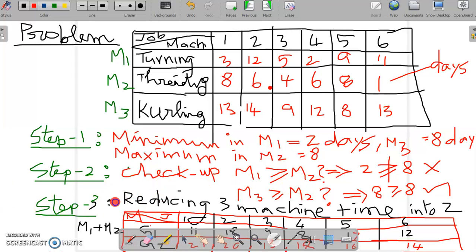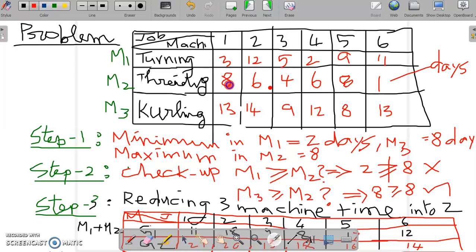Now coming to the third step, we are reducing the three machine times into two machine times. Here three machines are there, M1, M2, M3: turning, threading and curling. How? M1 plus M2 is the first machine time, which I am taking as G1.